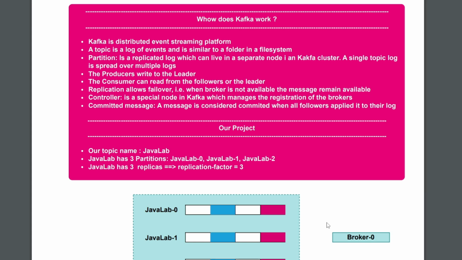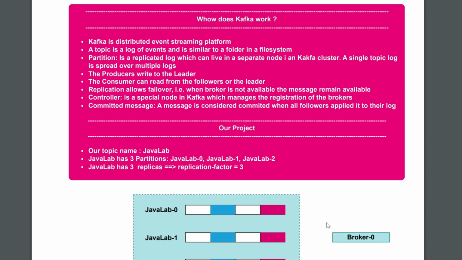Partition. What is a partition? As I told, a topic is a single log, and this log can be spread over multiple logs. A partition is a kind of replicated log, which can live on a separate node. That means if you have multiple nodes, you can define partitions, and the partition is defined on topic level.